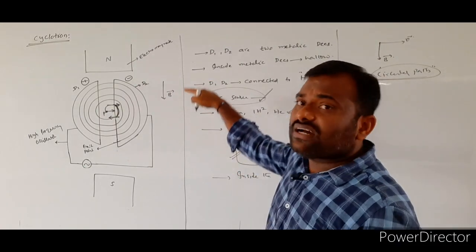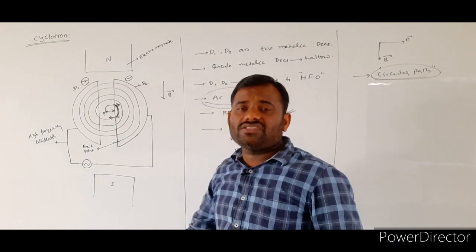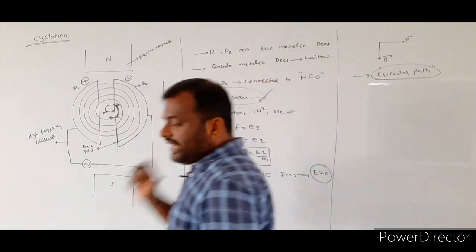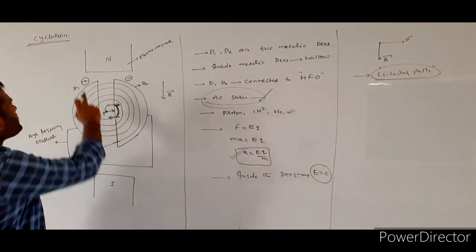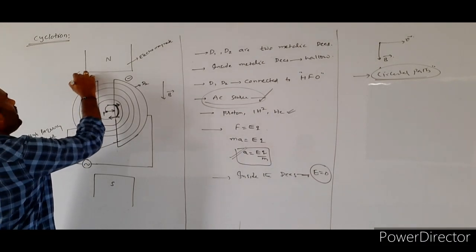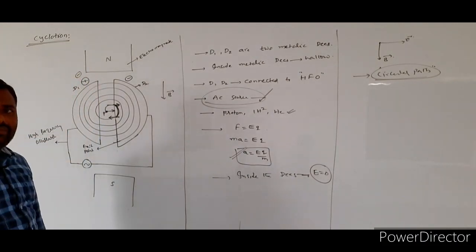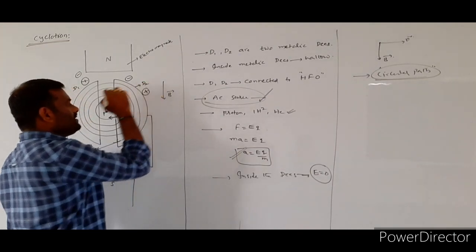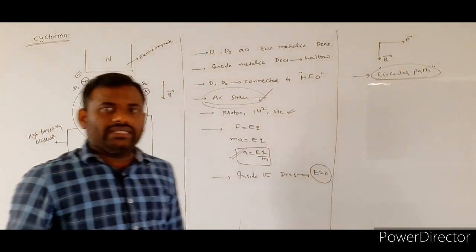After completion of half of the revolution, half of the cycle is completed. For the next half cycle, D1 will act as the negative plate, and D2 will act as the positive plate.